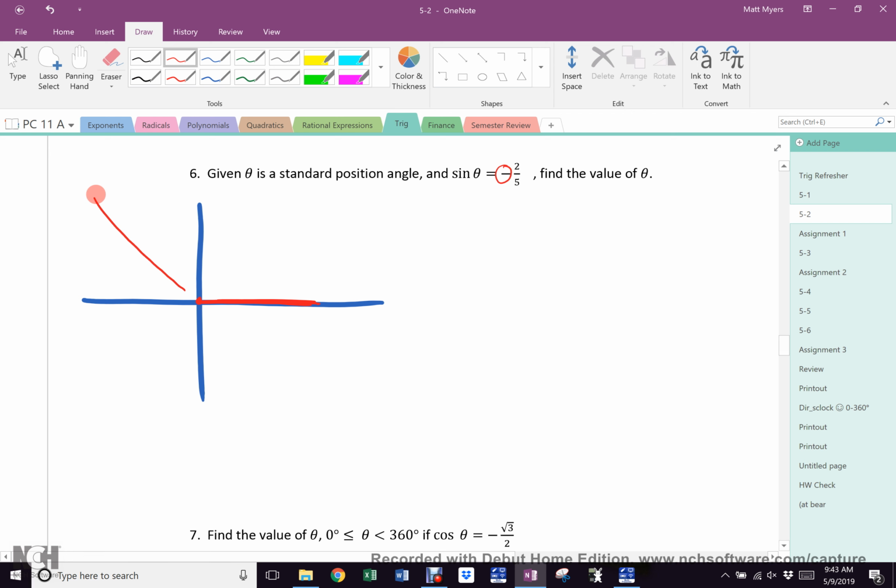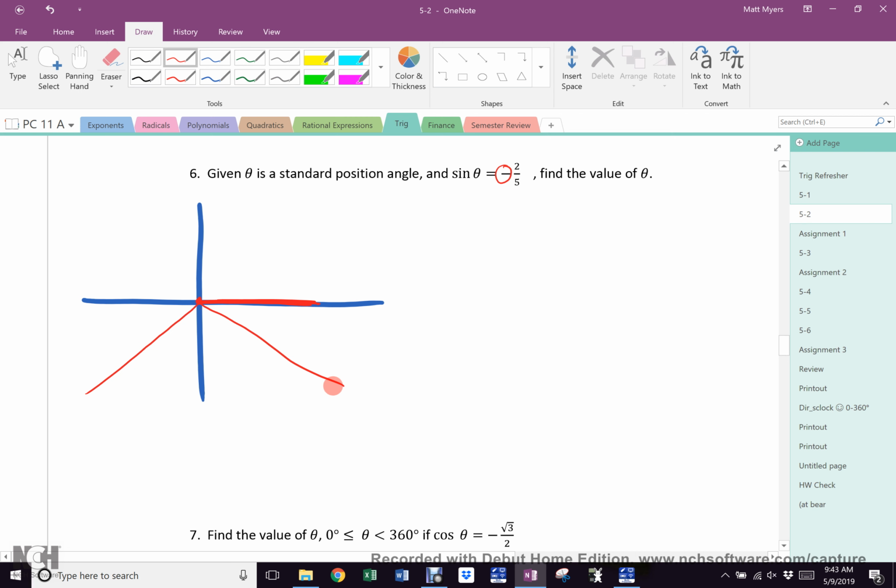No, because sine is positive in the second quadrant. So where are the only places it could be? Here or here, correct? Now, to do the trig, I need the triangles, yes? Agreed? Okay.